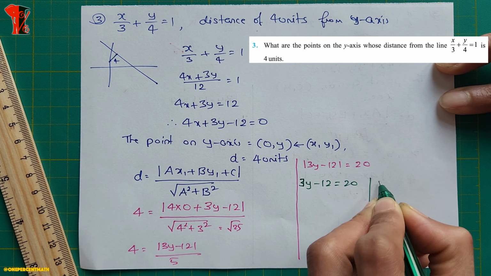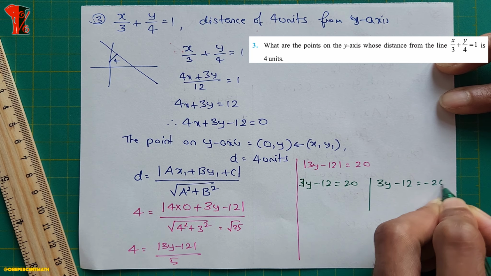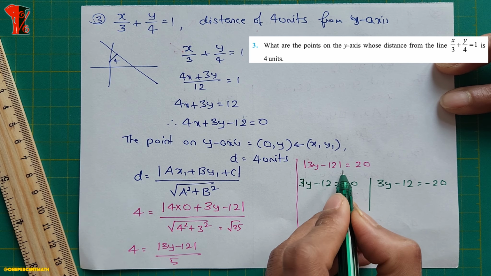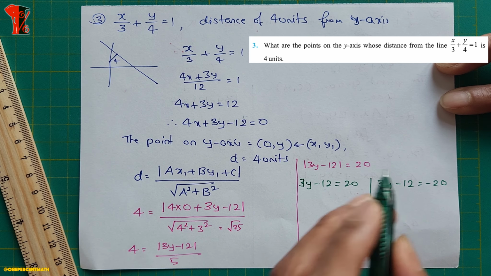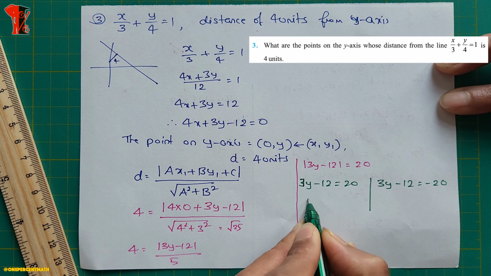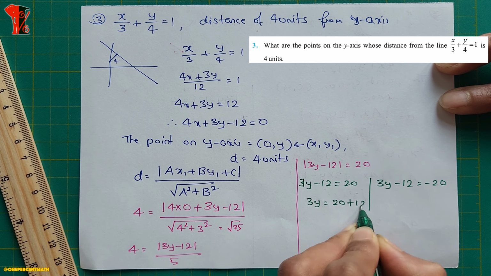The next one, 3y minus 12 is equal to minus 20. As it is modulus, there are two possible values, one positive and one negative. So accordingly, it becomes 3y is equal to 20 plus 12.